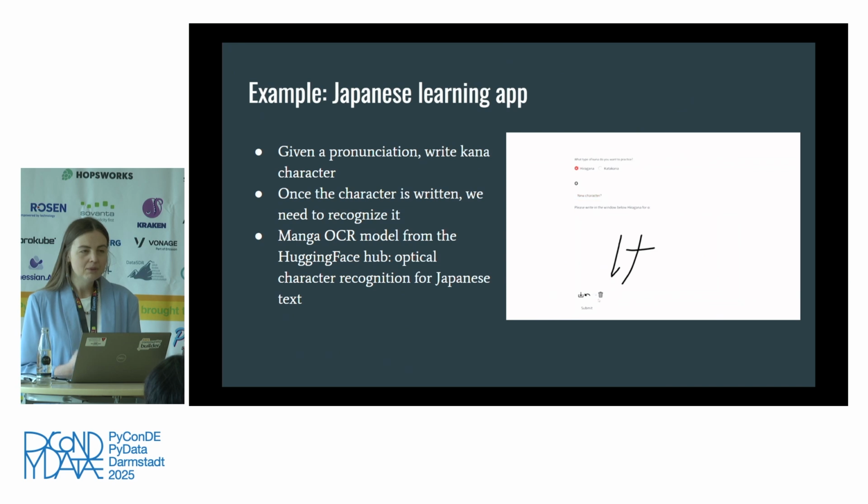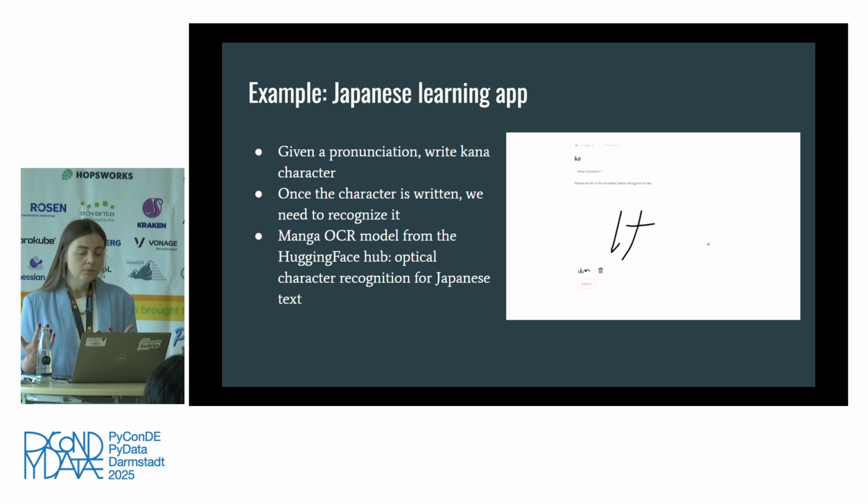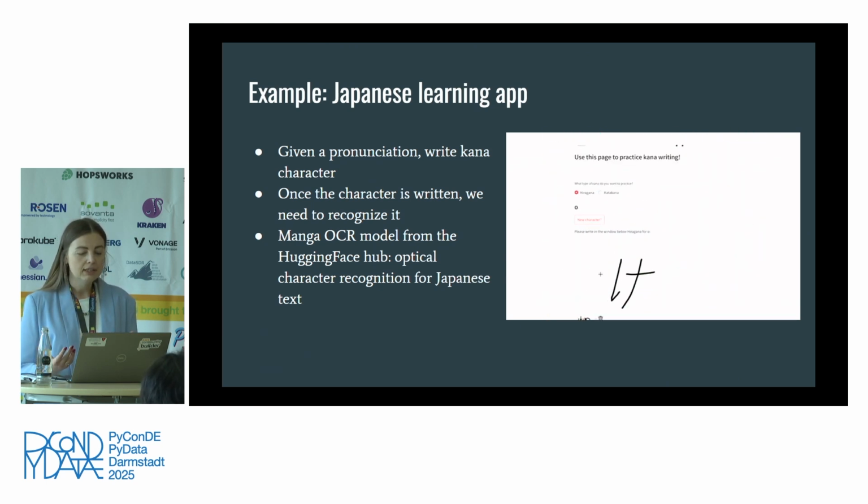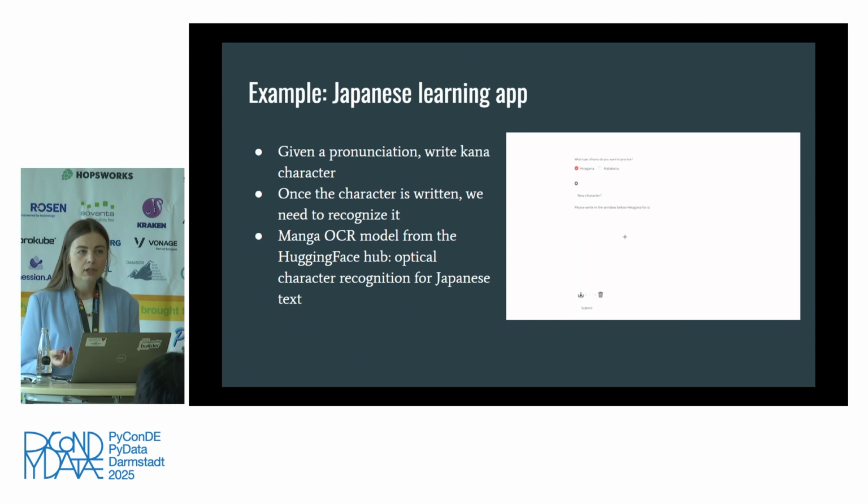To be able to write them and to quickly test and understand whether my writing is good, I decided to build the app to recognize what I have written. I need an OCR model which can parse the character and map it to a Japanese kana character.